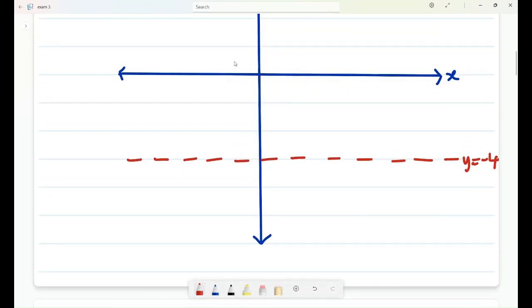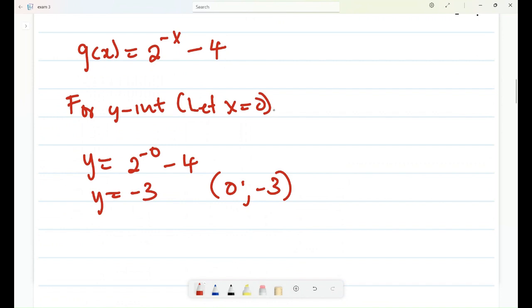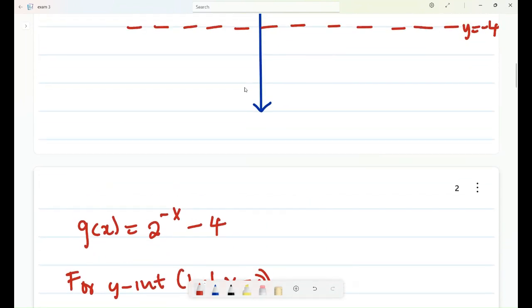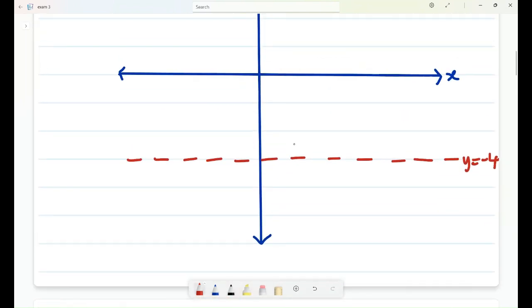Please do these calculations because you were not asked under some questions to calculate this. You cannot just plot them without showing the examiner that you calculated them first. So 0 and negative 3, if this is negative 4, my negative 3 is here.